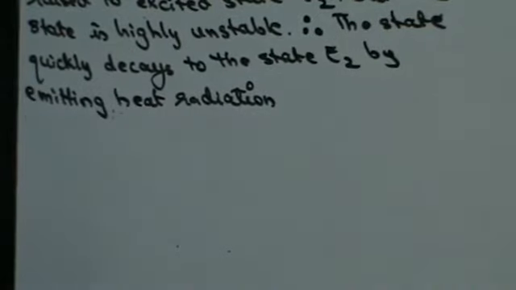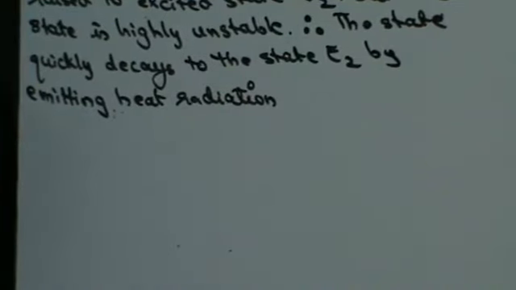By emitting some heat radiation, the mean life of the atom in state E2 is 10 to the power of minus 3 seconds, which is quite large as compared to the mean life of the atom in state E bar 2, which was 10 to the power of minus 7 seconds.